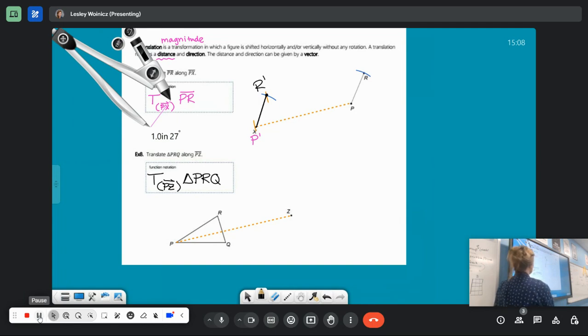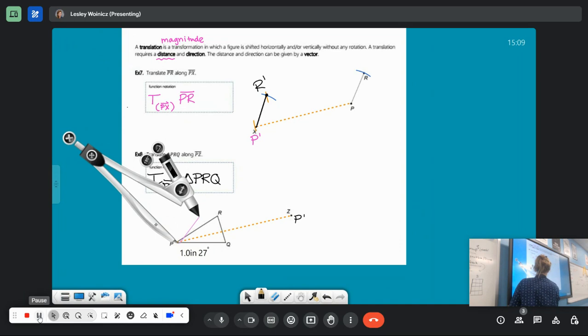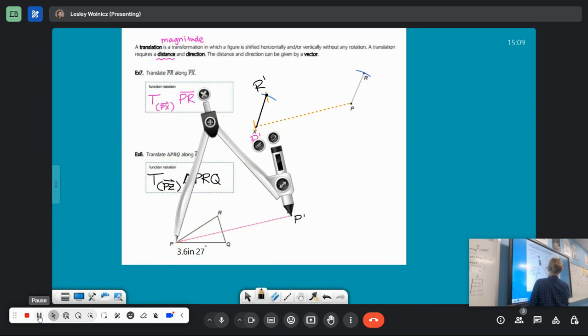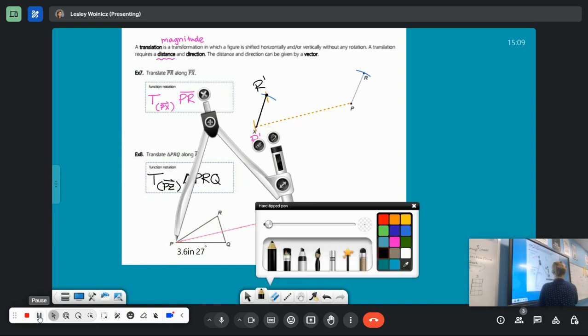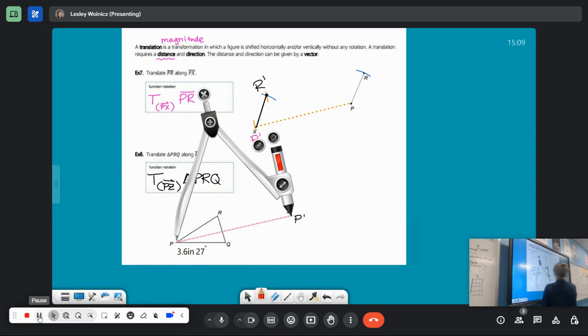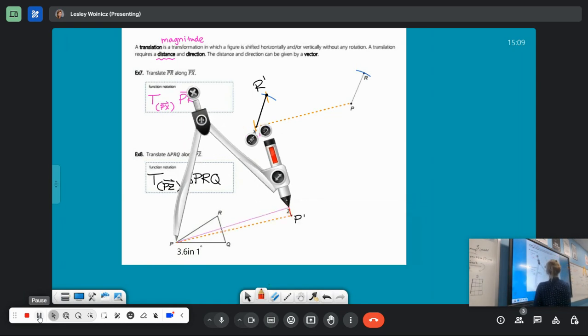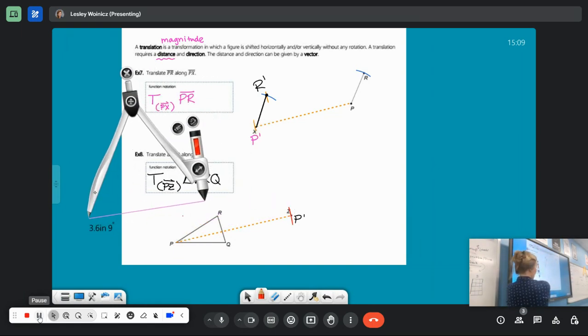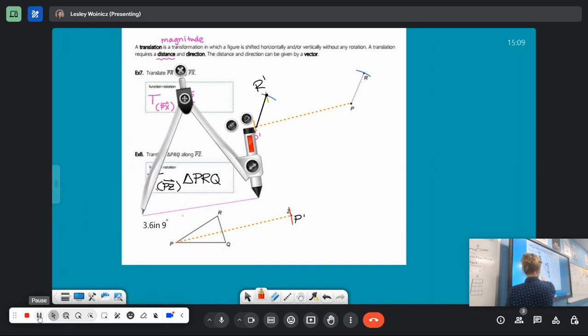Okay, so first we get to copy the distance from P to Z. This is my point P prime. Copy the distance from P to Z. Okay, I'm now going to have R and Q both go that same distance in the same direction.